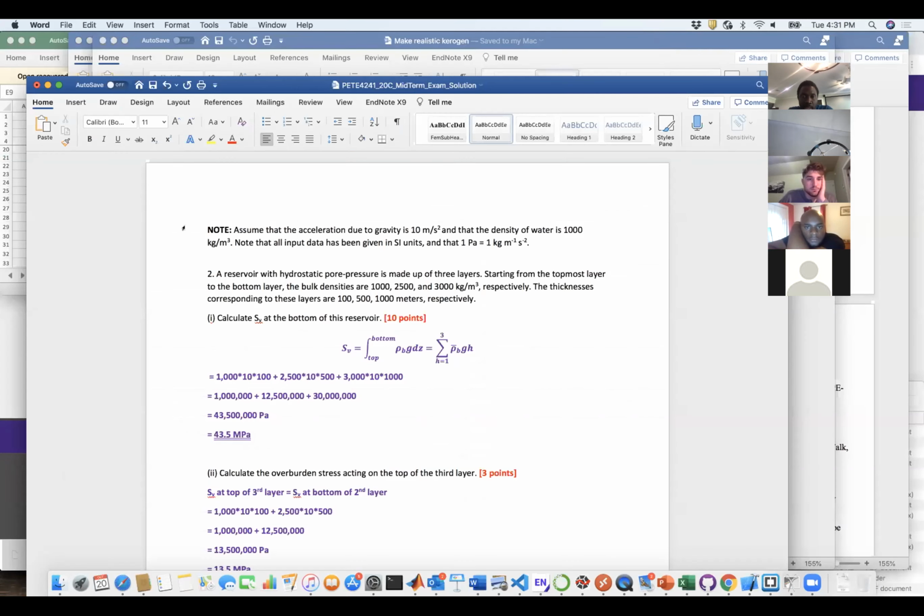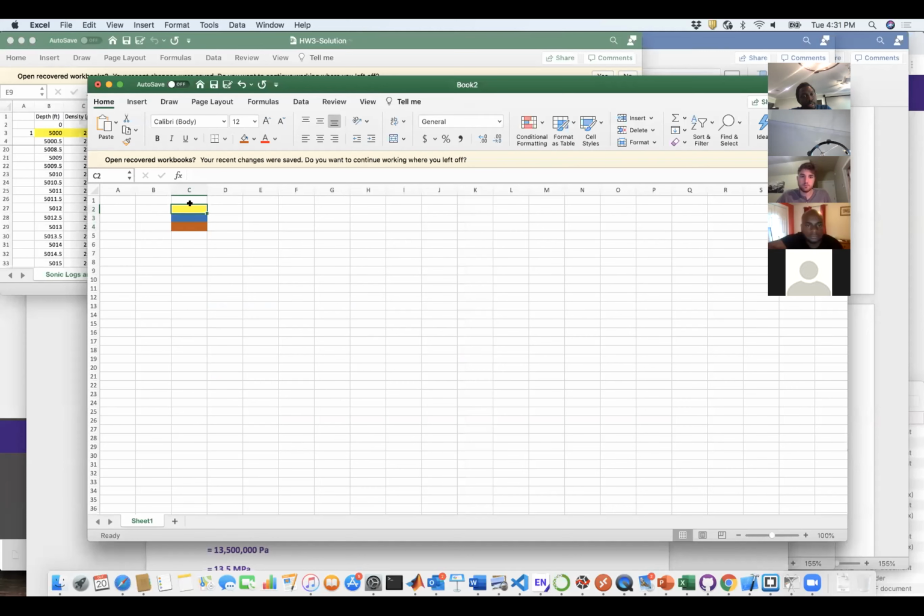We blocked it, basically like your blocking, which we had discussed before. So the density of the first layer is 1,000. Second one, 2,500. Third, 3,000. So you can put those values inside those boxes I just colored. The thicknesses: the first one is 100 meters thick. The second one is 500.